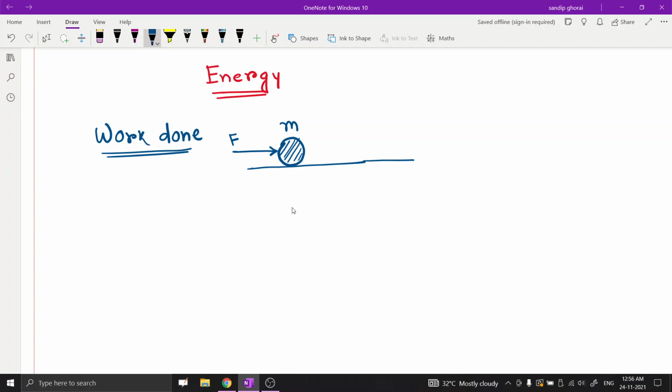So what is the actual definition of work done? If we apply a force F on a body of mass m and the body is displaced from point A to B, and the distance AB is S, then work done W is equal to the product of force and displacement.